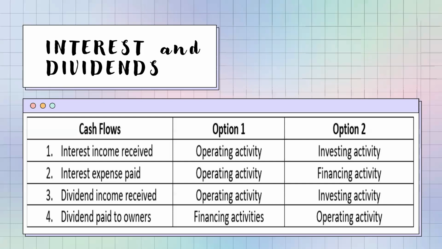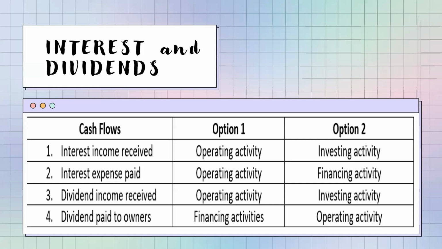So di ba interest incomes yung sa investing activities, yung mga loans, di ba? So they are connected with the investments of the entity. And dahil nga investments, they are disclosed under investing activities. So second, for the interest expense paid, under option 1, it shall be disclosed daw as part of operating activity.